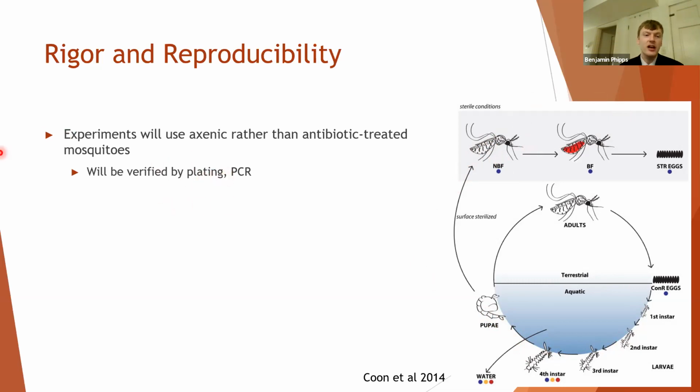And this can be verified by homogenizing mosquitoes and plating them to see if there's any growth, as well as PCR using universal bacterial and fungal primers.